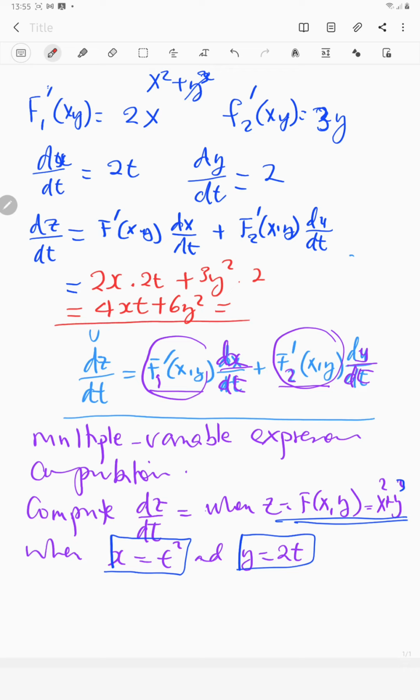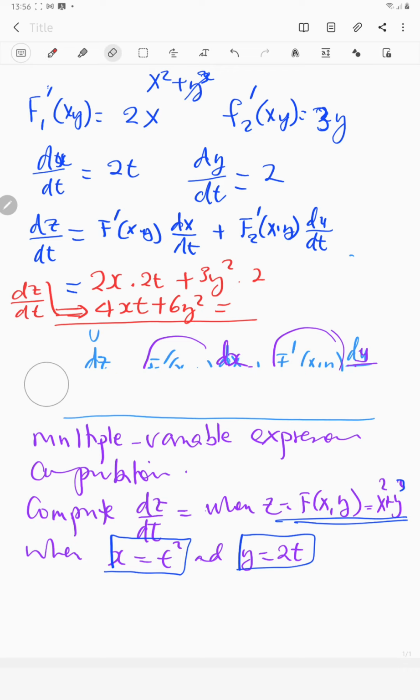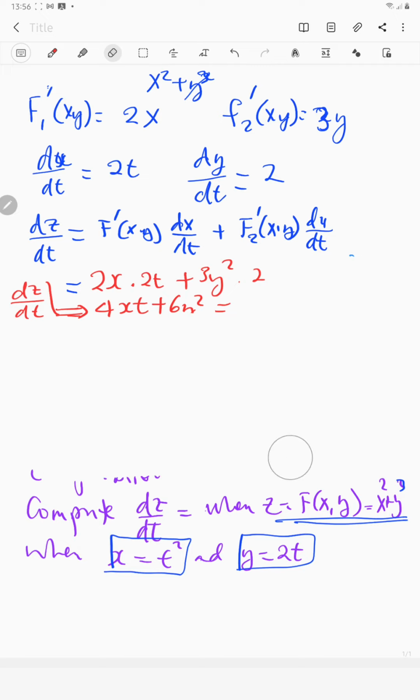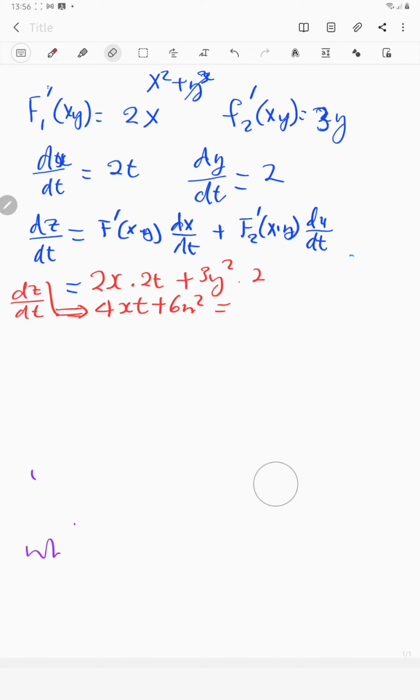This is going to be the answer, dz/dt. That's the most important part. These processes we call the chain rule process, so I want you to understand it properly.